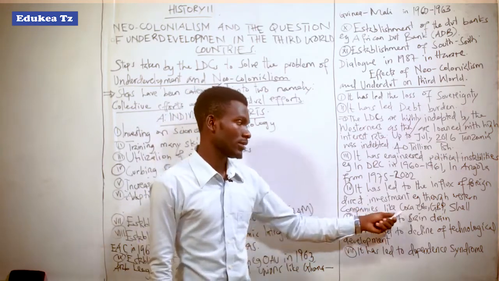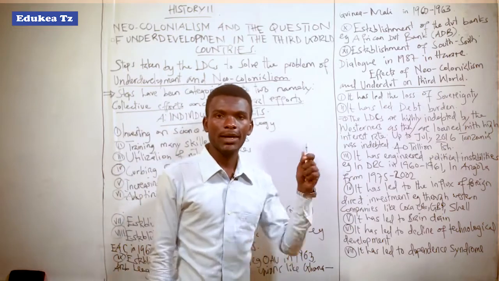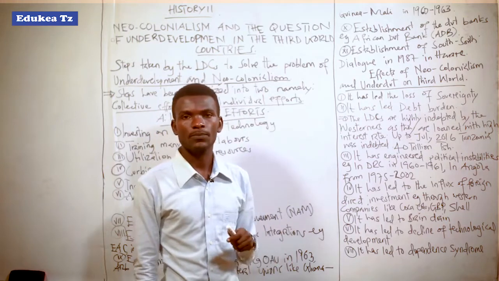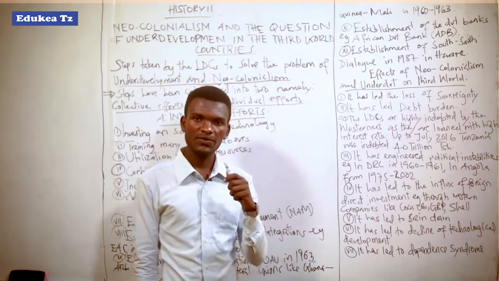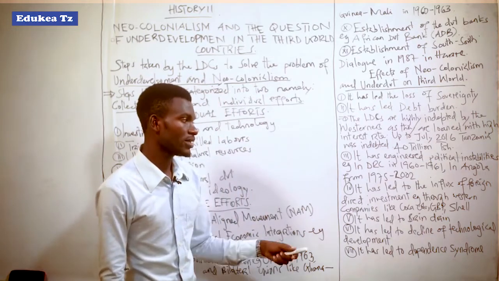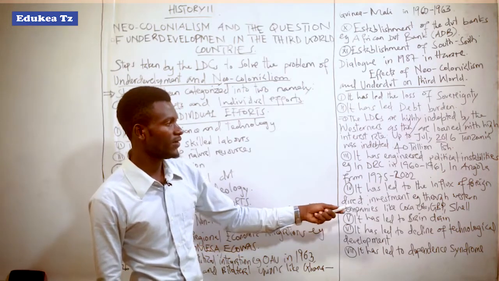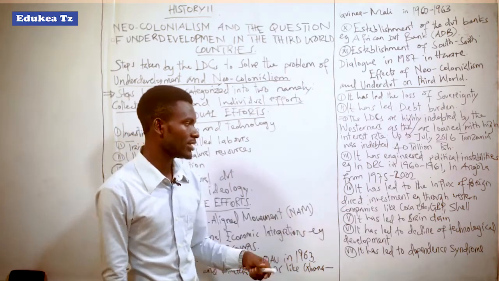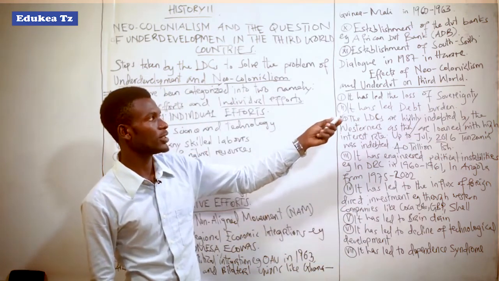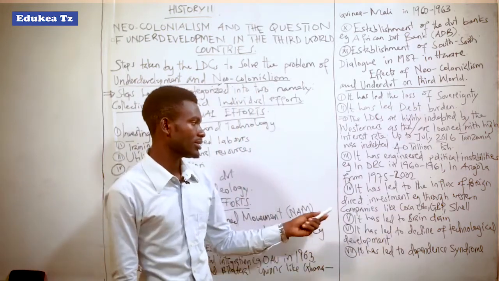And that imperialistic company just exploits the natural resources where it operates, and it imports manufactured goods from abroad to those less developed countries. So you can see those companies led to the influx of direct investment. Sorry, you can see how neocolonialism and underdevelopment led to the influx of foreign direct investment.